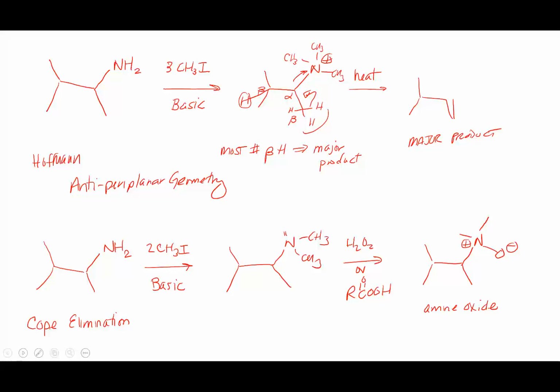So in this Cope elimination, what's going to happen is, and I'm going to rewrite this over here, when I have my amine oxide, and now I have my alpha, beta, and then on the other side, the other beta carbon, this O minus is going to come down and it's going to grab one of the least substituted beta hydrogens.